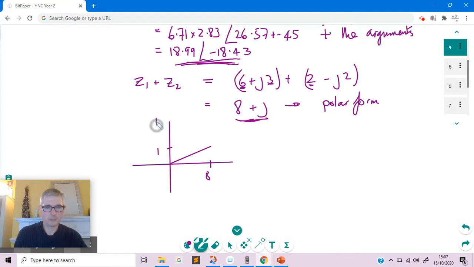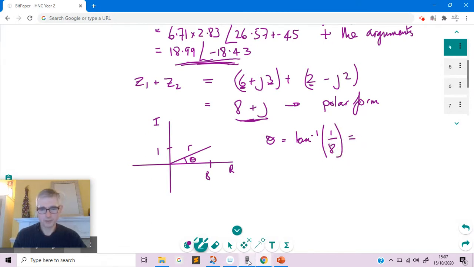So there's the imaginary axis, there's the real axis. And what I need to do again is work out theta and the modulus, lowercase r. So that's theta. So theta is going to be tan minus 1 of the imaginary part, so 1, over the real part.